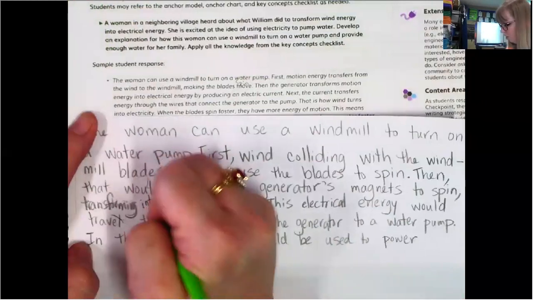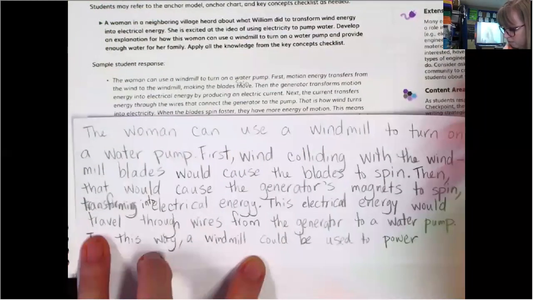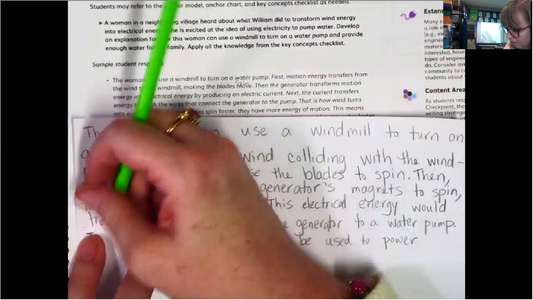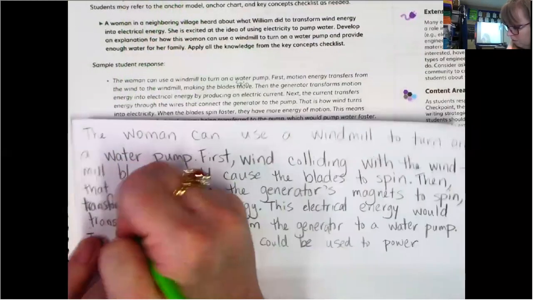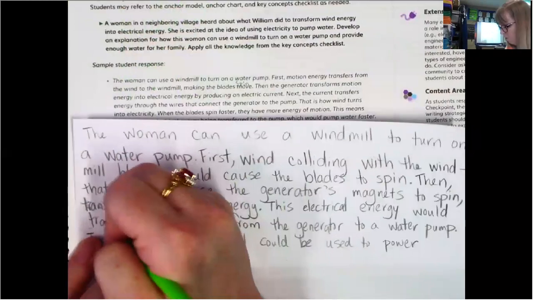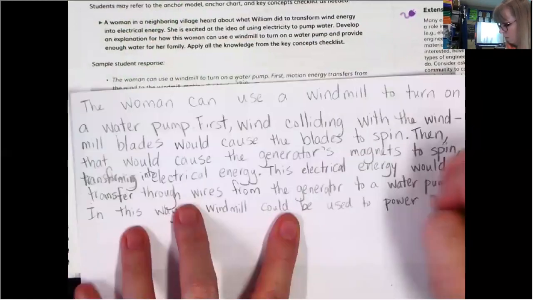Transforming into electrical energy. This electrical energy would travel, would transfer, to use our technical scientific terms, transfer through wires from the generator to a water pump. And this way a windmill could be used to power a water pump.